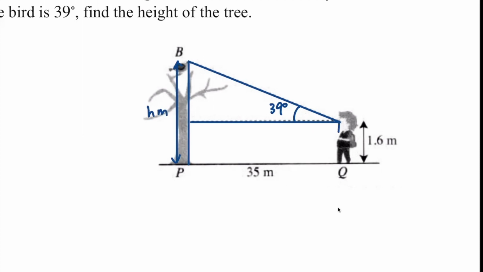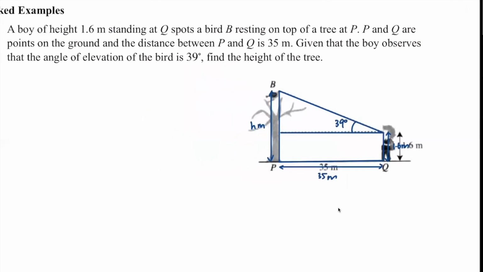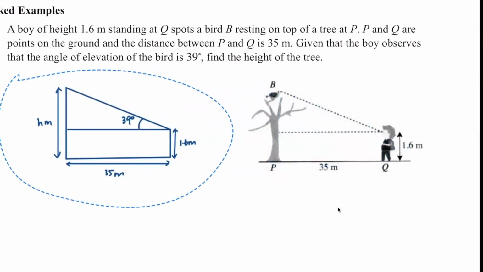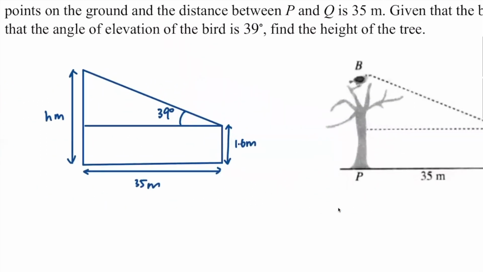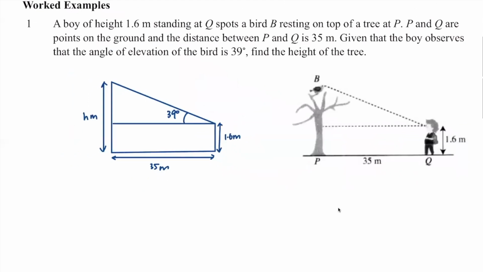You have that the boy's height is 1.6 and he is standing at 35 meters away from the tree. Okay, now if I take whatever that I just outlined and take it out, this is actually the diagram representing the entire situation on the right.